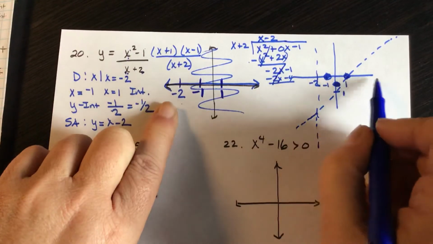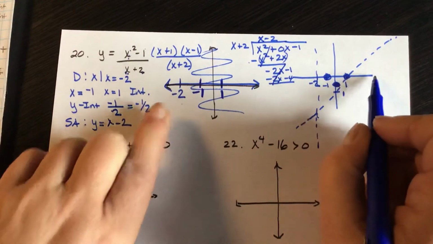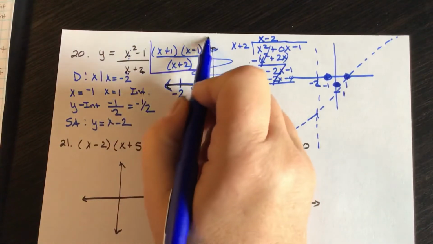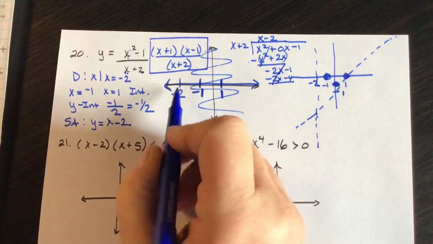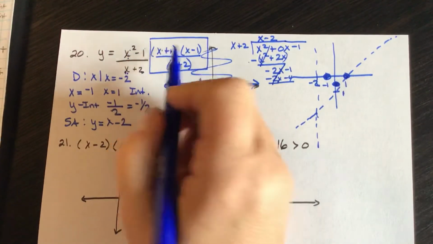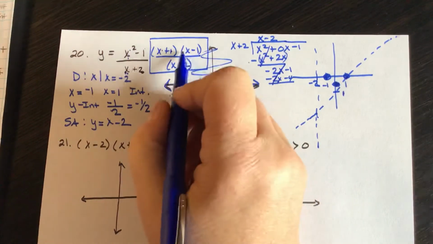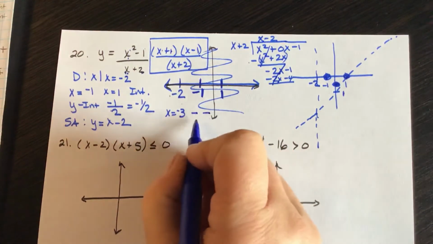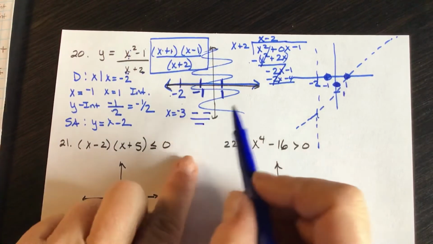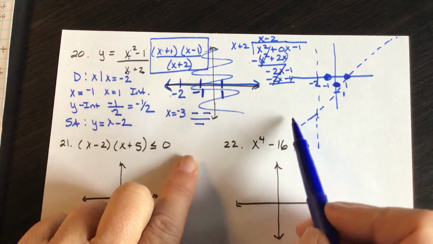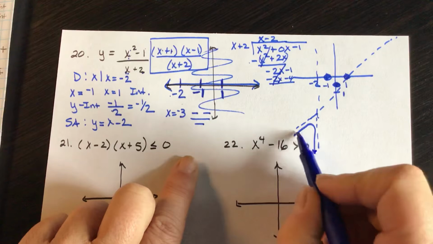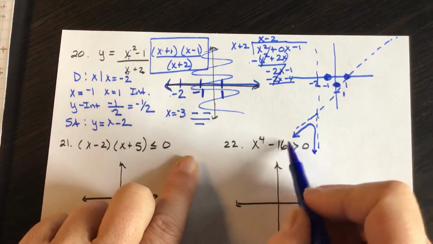And those are the three things that are important in terms of x. So this is what I'm using for my factors. So if I have x is -3, -3 plus 1 is negative, -3 minus 1 is negative, and -3 plus 2 is negative. All right, so to the left of -2, the only place I can keep all my values negative are in this space right here.